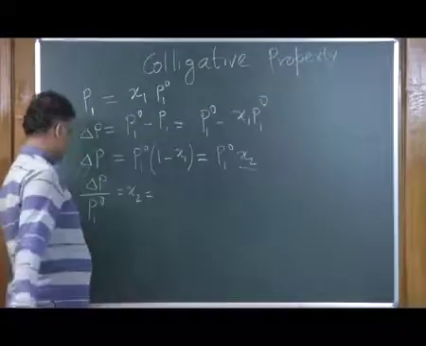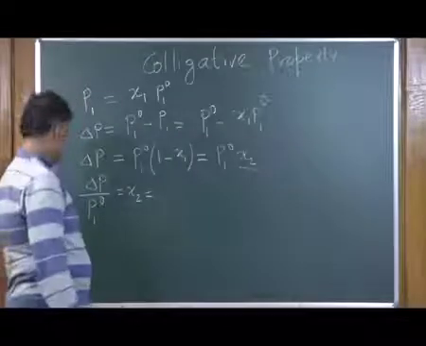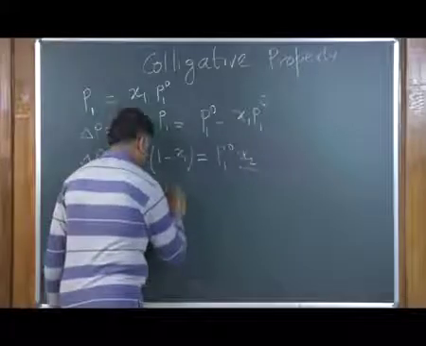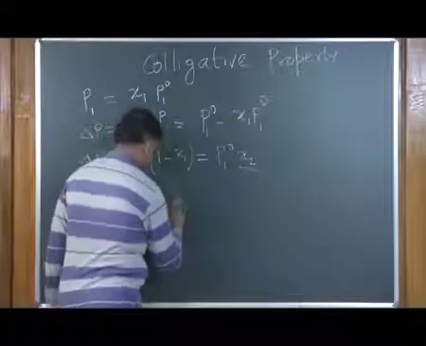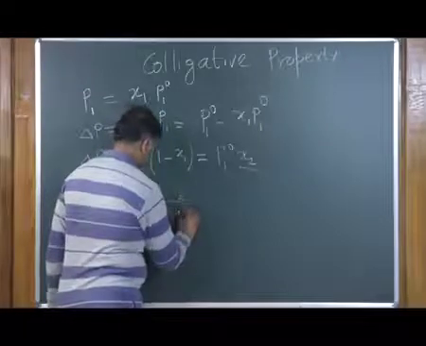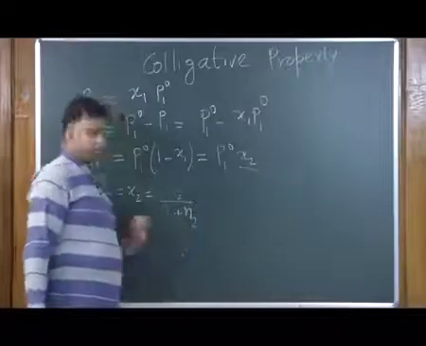x2 is the mole fraction of solute present in the solution, and this x2 can be written, as we have already learned, as the moles of solute divided by total number of moles present in solution, that is moles of solvent plus moles of solute.